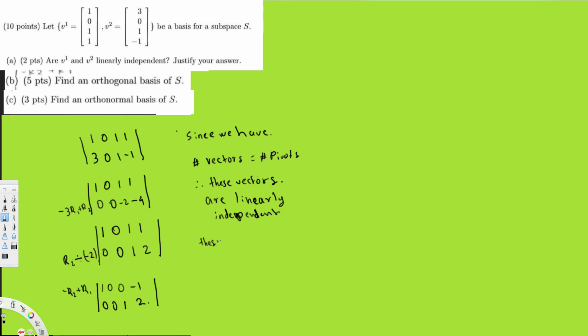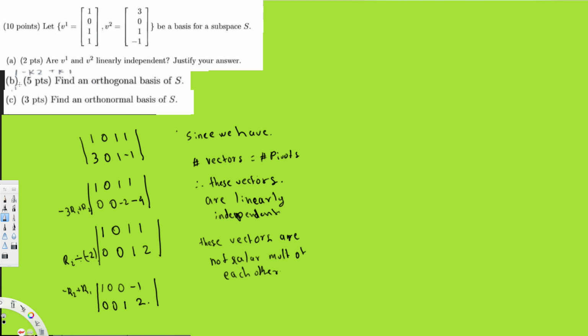These vectors are not scalar multiplication of each other. So these 2 things we can say when we say this is linearly independent.